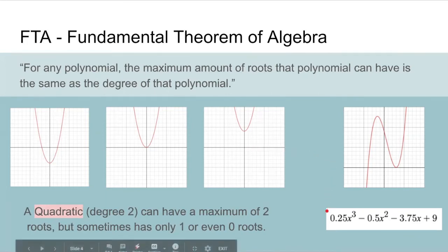And we can see that shown here, we can see that the degree of this polynomial is 3 because that's the highest power. And that means that a function of degree 3 could have up to 3 roots. But obviously we can just see looking at this graph that it only has 2 roots, one here and one here.